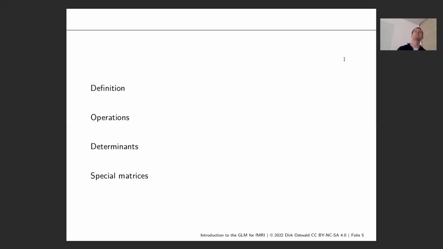For people who use MATLAB or any other programming language, don't confuse matrices in your programming environment with mathematical matrices. We're talking about mathematical matrices here, and that's something different than, for example, a matrix in MATLAB or an array in Python.